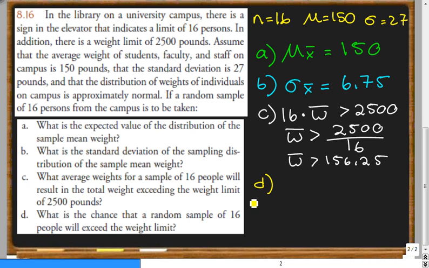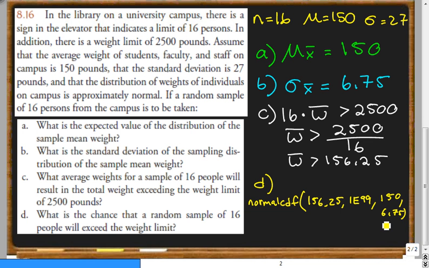So we do the normal CDF. Our lower bound, the smallest, is going to be 156.25. For the top, there is no top. Realistically there would be, but we're just going to call it infinity. Our mean is going to be 150, and our standard deviation is going to be 6.75.